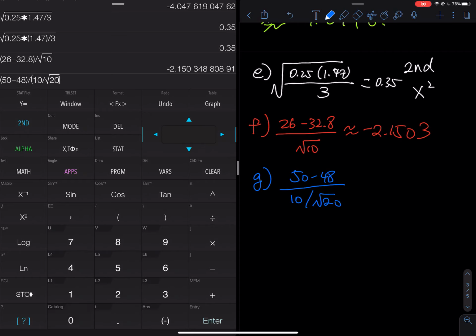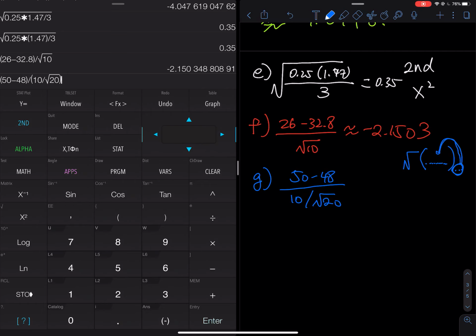Oh, speaking of the square root, in your graphing calculator, when you type a square root, they will open a parenthesis. So after you finish typing your expression, you have to close parenthesis, because if you keep going without the parenthesis, the calculator thinks that this operation is inside the parenthesis.